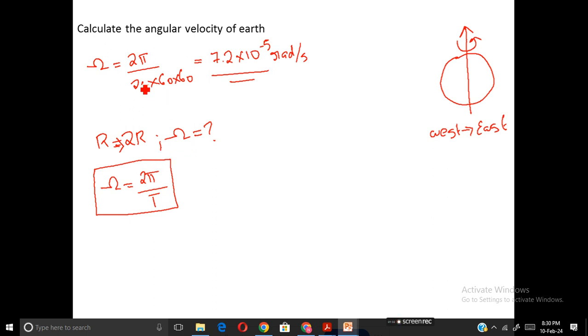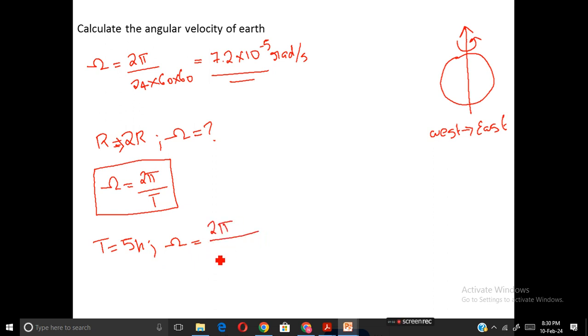So in case of Earth, we got it like this. Suppose, I'm just telling a hypothetical case, for another planet, it completes one rotation in 5 hours or something. Then what will be the angular velocity? It only takes 5 hours to complete one rotation.